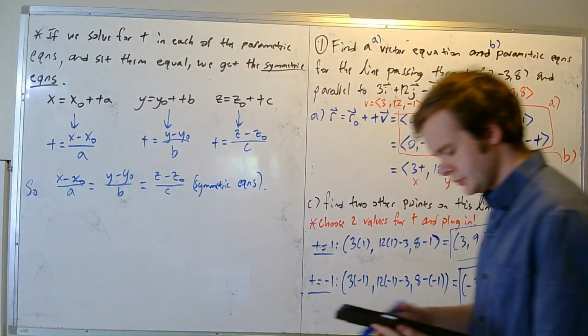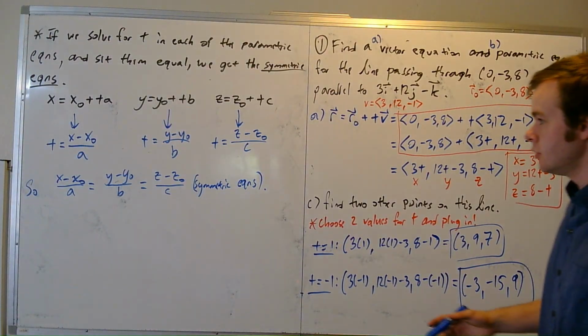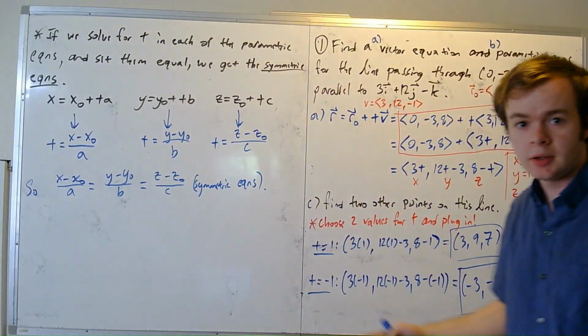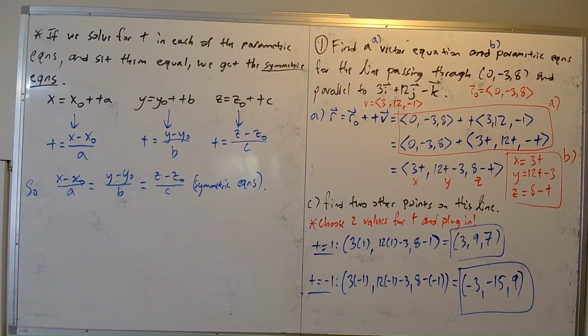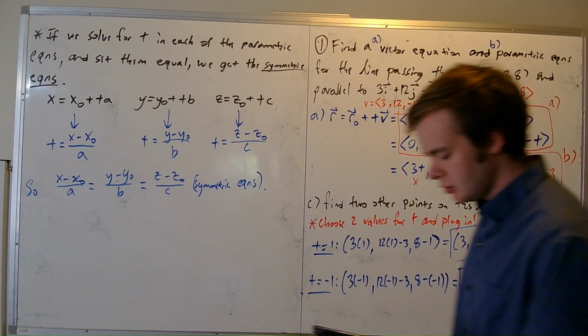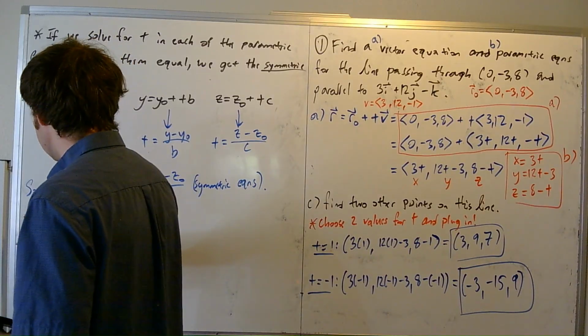Okay. And notice here when we were solving for these, we were dividing by a, b, and c, but those could actually be 0, because remember those were the components of the vector v. Some of those could end up being 0, so you have to be a little bit more careful. So observe.